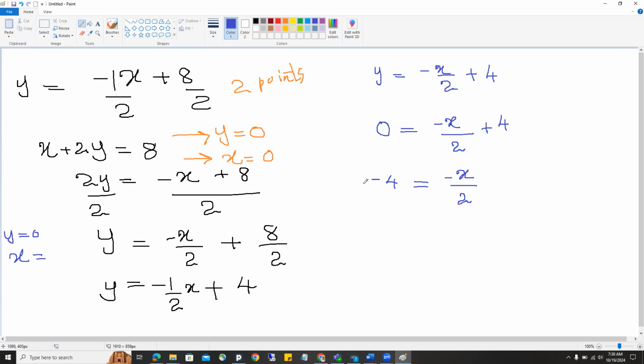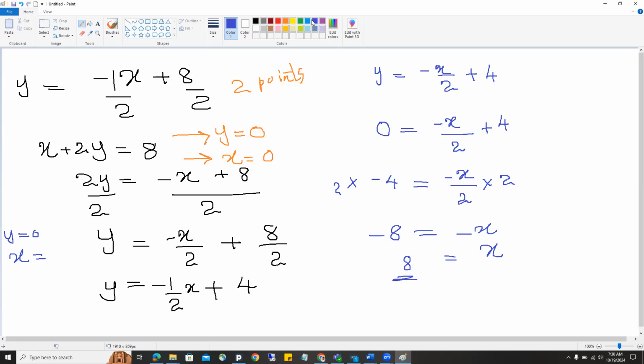Then we multiply both sides by 2. That means minus x equals minus 8. So here x equals what? x equals 8.